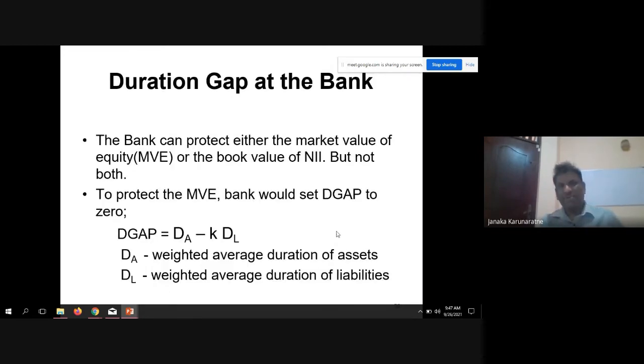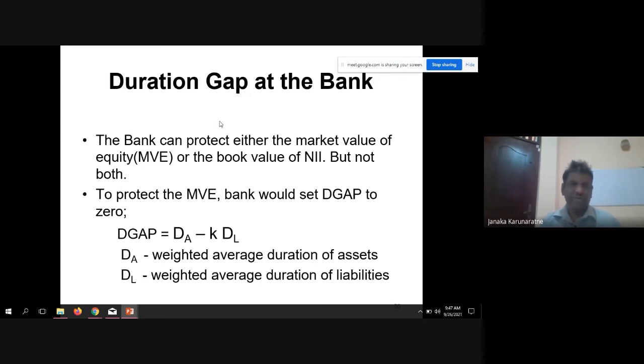So the bank can protect either the market value of the equity or the book value of net interest income, but not both. So you can decide which one you prefer. You can look at the repricing gap model and manage that, or you can look at the market value changes in equity and manage that to protect your bank from interest rate risk.